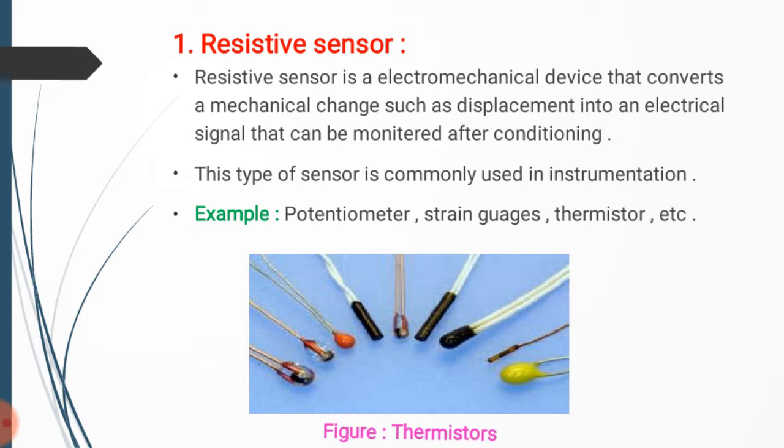Generally there are two types of thermistor, PTC and NTC, but under those there are again different types, which are shown in the figure. These colorful components are the different types of thermistor. So these all are resistive sensors.